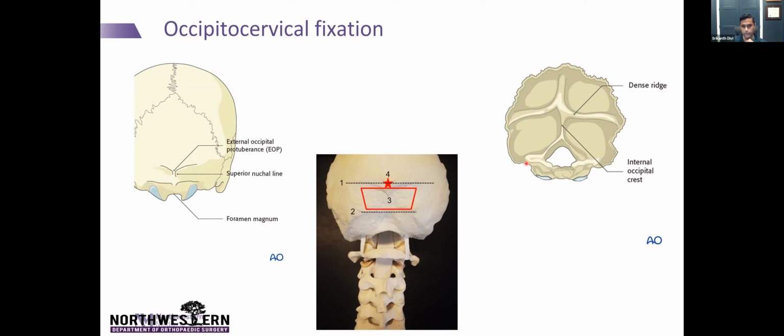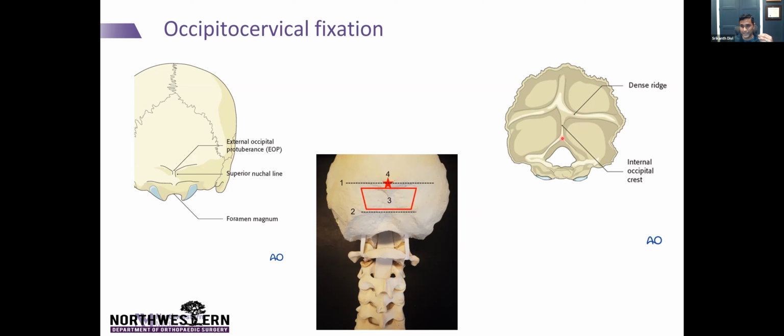And if you can imagine this, the inferior nuchal line, this little trapezoid in between, that's your landing zone for safely putting occipital bolts, screws, plates, whatever you want, with the safest part being here in the middle. Because if you imagine the inner aspect of the occiput, you have the dense ridge from the superior nuchal line, EOP, and then the internal occipital crest.